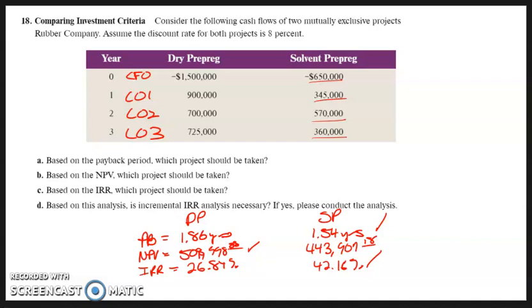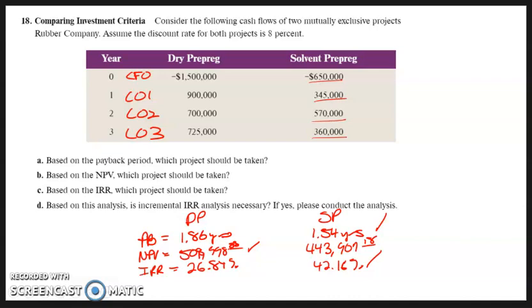So our decision here is ambiguous. So for part D, yes, we're going to do incremental IRR analysis.